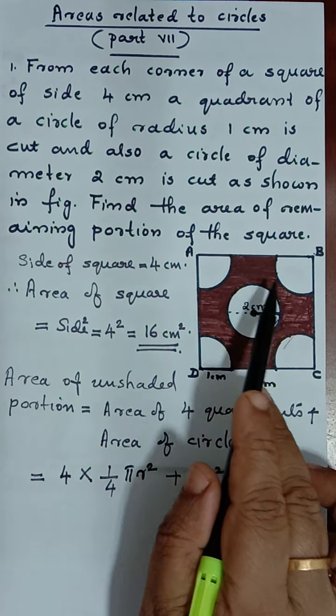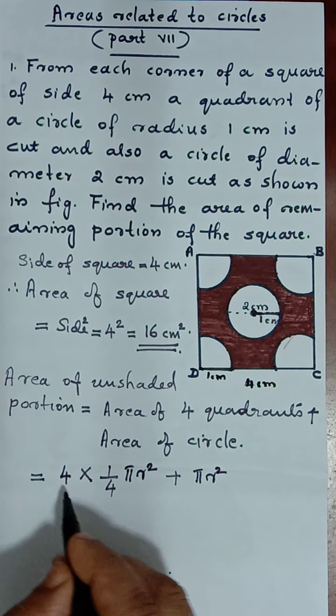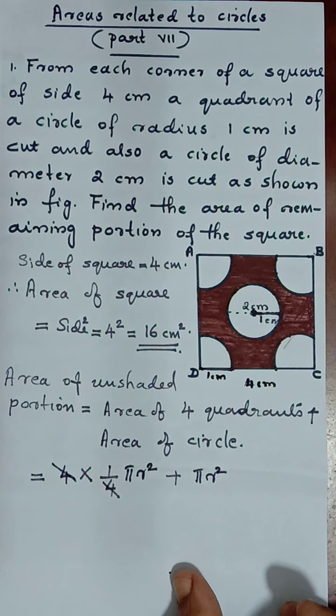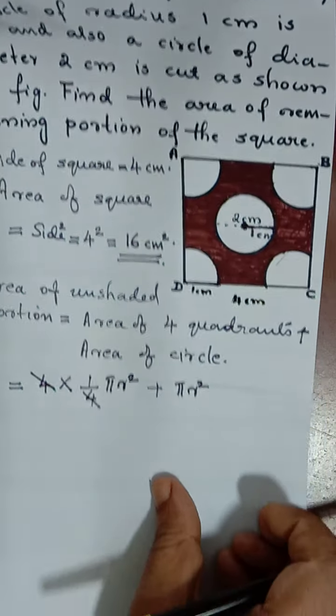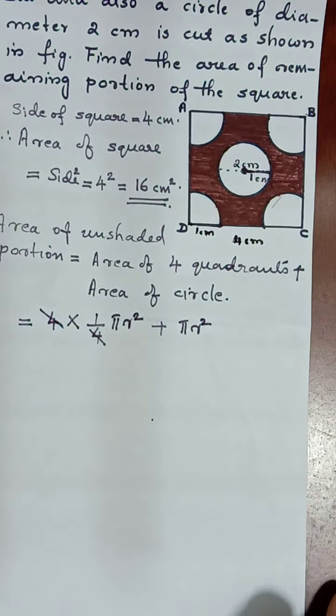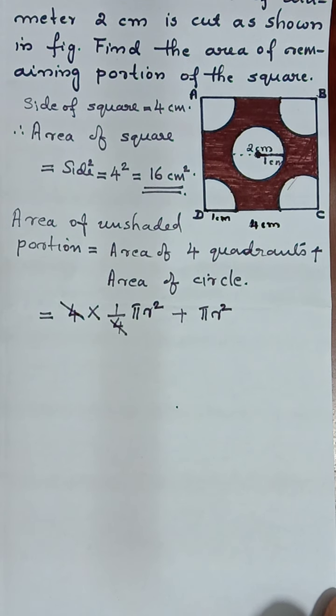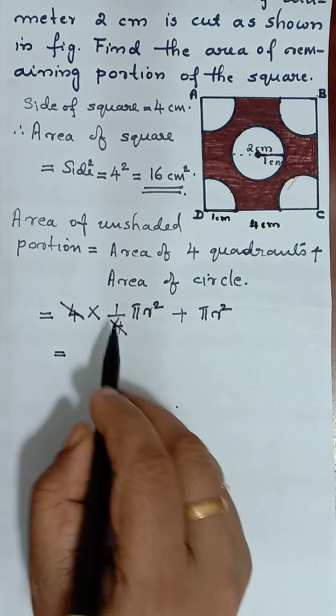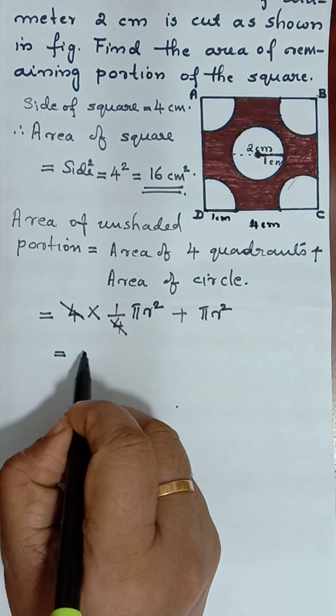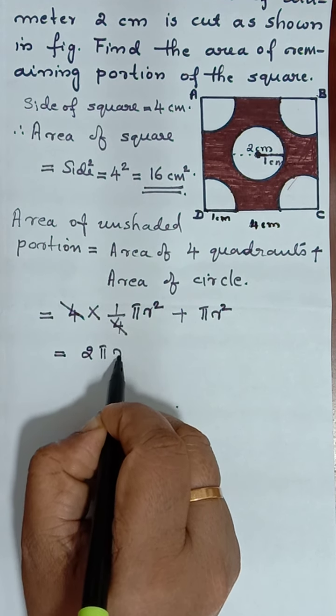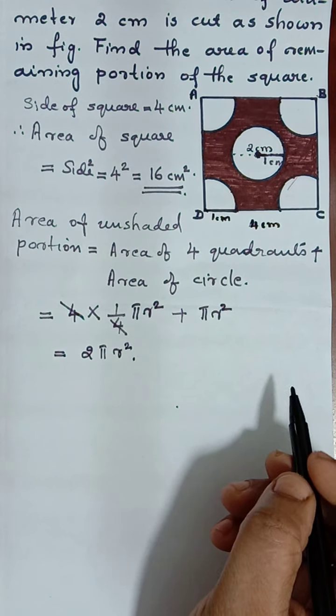Radius is the same in all these cases. Okay, so let us simplify this. We will be getting pi r square plus pi r square. Now how much is pi r square plus pi r square? This is 1 pi r square plus 1 pi r square. It becomes 2 pi r square.